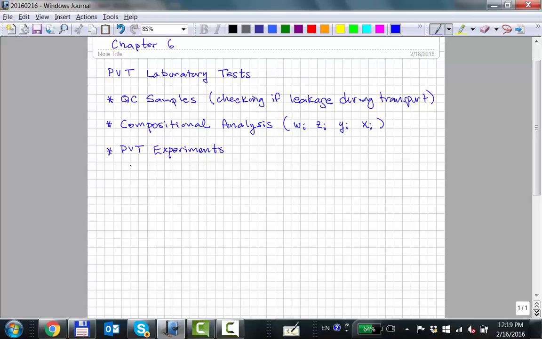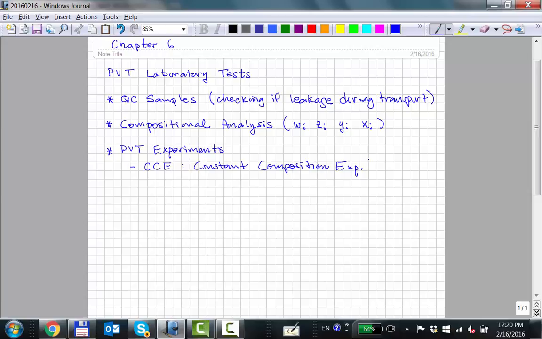I won't get back to this until maybe on Thursday, but basically you'll have what's called a constant composition expansion type test. I'll just get the names out here. Constant composition experiment or expansion. I'm not sure what the E stands for. Experiment. That's where they put the sample inside a high-pressure PVT cell.